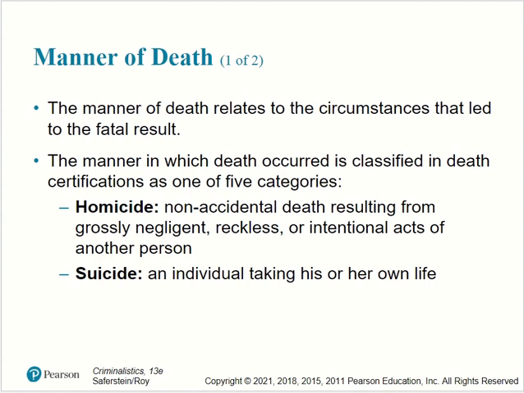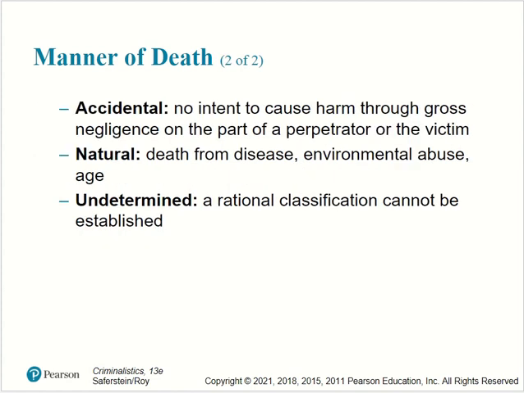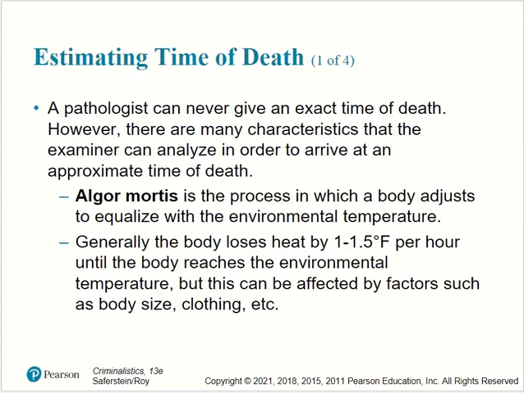The manner in which death occurred is classified in death certificates as one of 5 categories: homicide, non-accidental death resulting from grossly negligent, reckless, or intentional acts of another person; suicide, an individual taking his or her own life; accidental, no intent to cause harm through gross negligence on the part of a perpetrator or the victim; natural, death from disease, environmental abuse, or age; undetermined, a rational classification cannot be established.